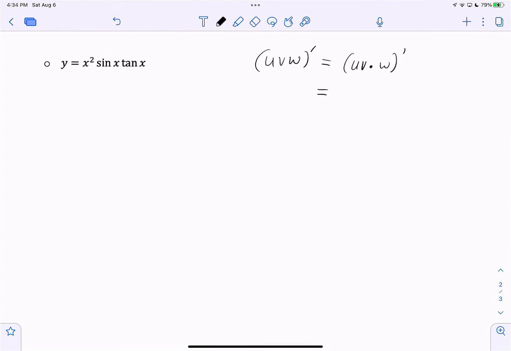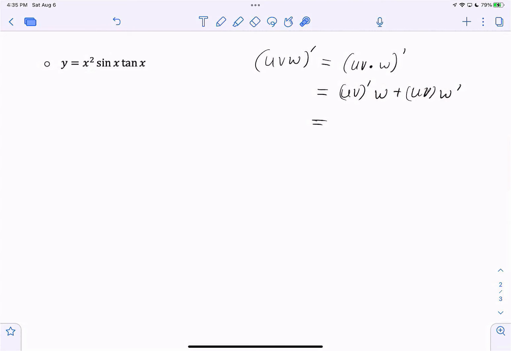So I would have (uv)' times w, plus uv times w', right? That's the product rule. First thing prime times the second function plus the first function times the derivative of the second function. And then I apply the product rule as needed.